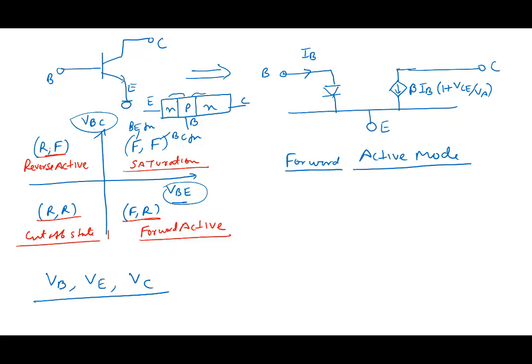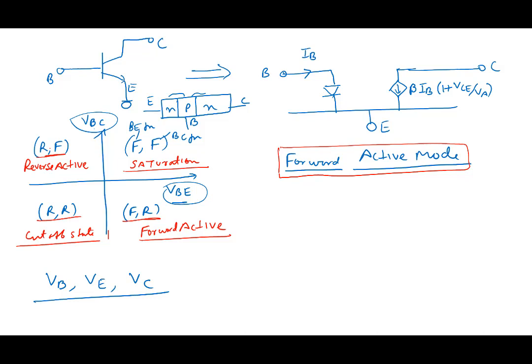So these are the four broad regions in which I can operate the transistor. What I've been talking about right now is the forward active mode, because that's where we make amplifiers, which will become clear towards the end.